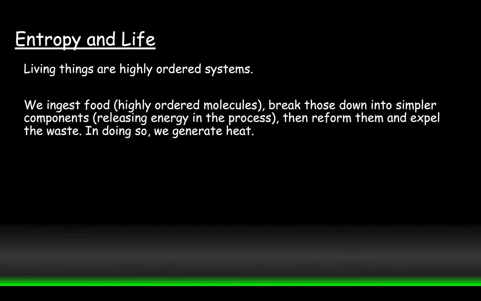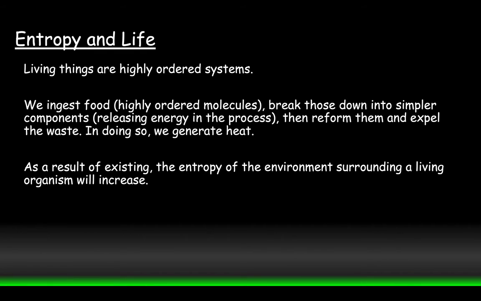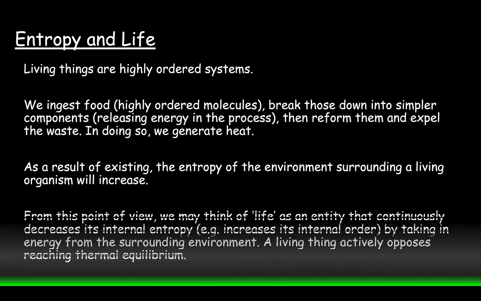We'll expel the molecules that we reform and get rid of and don't need as waste. In doing this, we are going to generate heat. And thermal radiation is a very high entropy state. So, as a result of existing, the entropy of the environment surrounding a living organism will tend to increase.